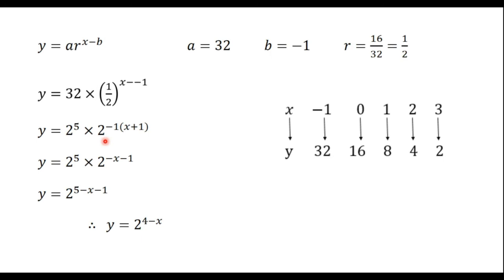You can also try other examples and you'll be able to solve the rule for exponential mapping. With this rule that we have found, you can find any x value when y is given to you, and you can also find y values when x is given to you.